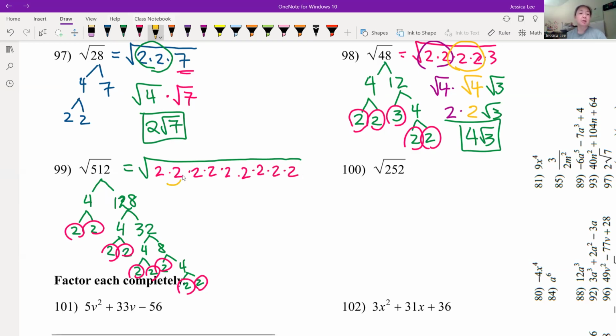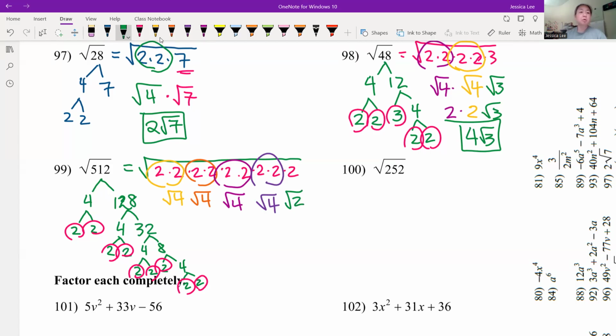Okay. So I got a pair here, so that's the square root of 4. Got another pair here, that's again the square root of 4. Got another one here, the square root of 4. And another one here, the square root of 4. My lonely one right here is going to be the square root of 2. All right, so what is the square root of 4?